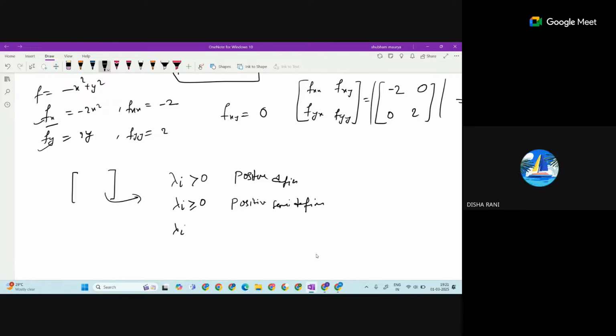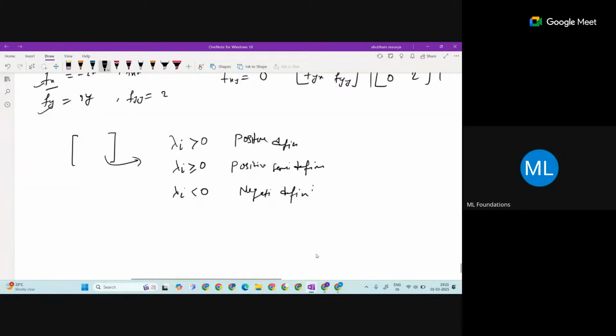And if they are less than 0, it is negative definite. Maybe some of them are 0 also, then semi will be there, negative semi-definite.